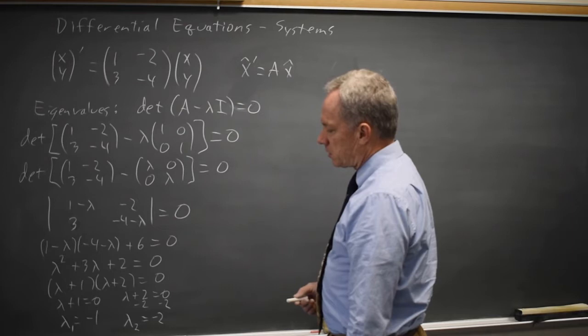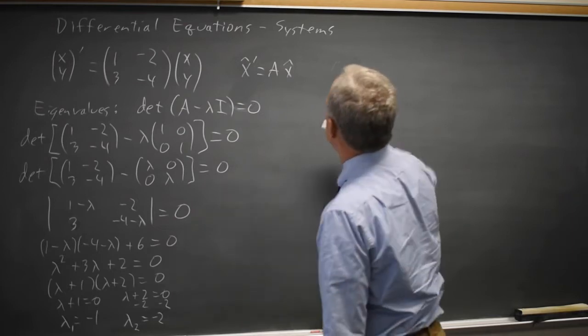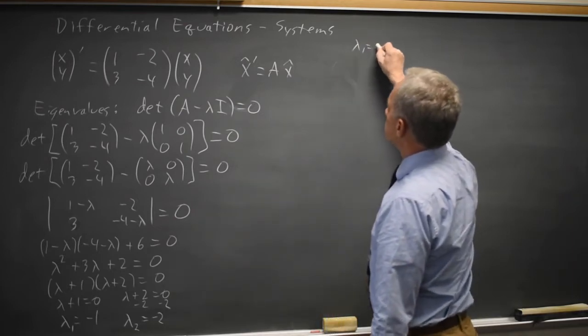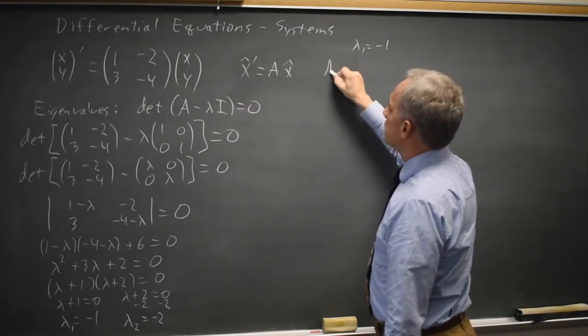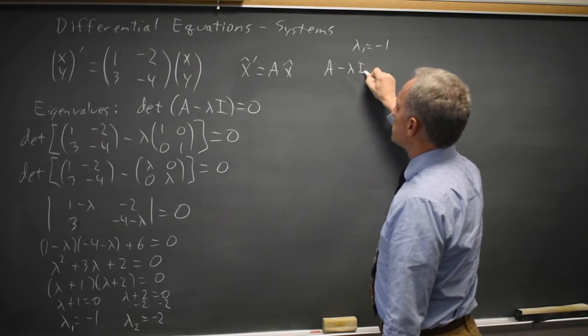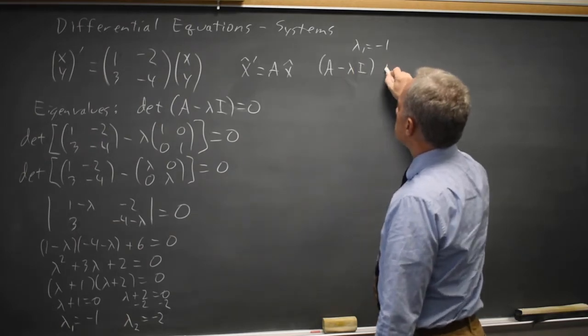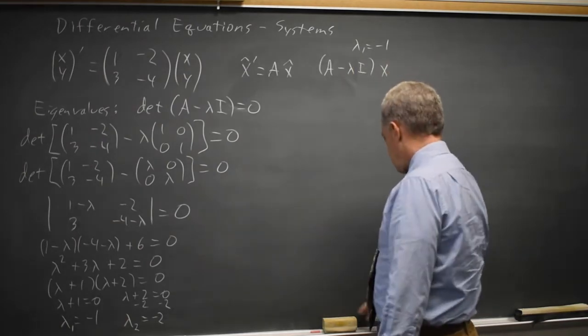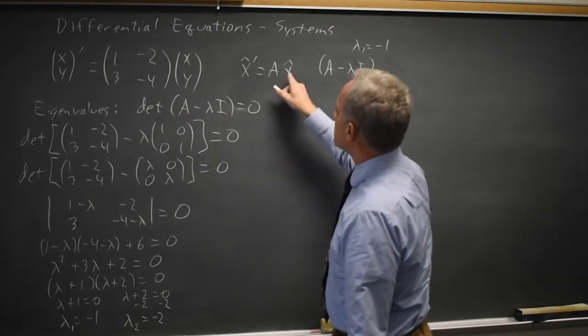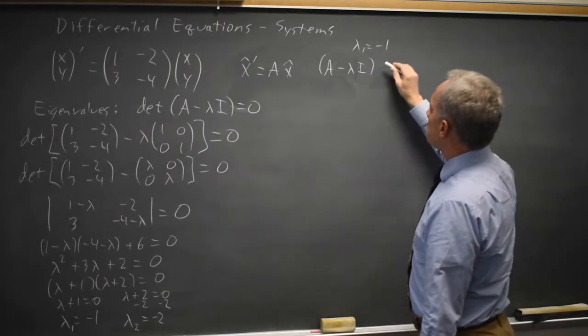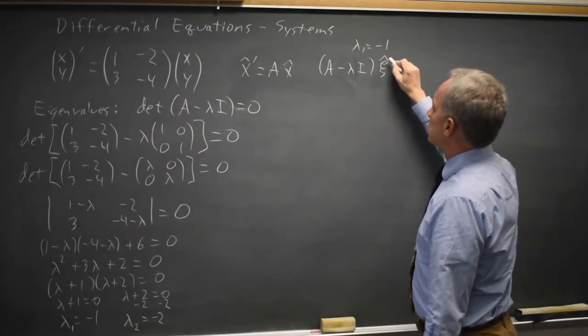Corresponding with lambda 1, eigenvalue 1, we have the eigenvector, and for eigenvectors, A minus lambda times the identity times a vector, I'm not going to call it vector x because the vector x is actually my solution. I'm going to call it vector xi.